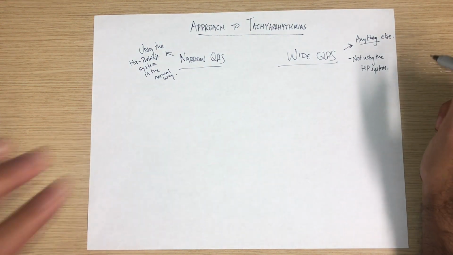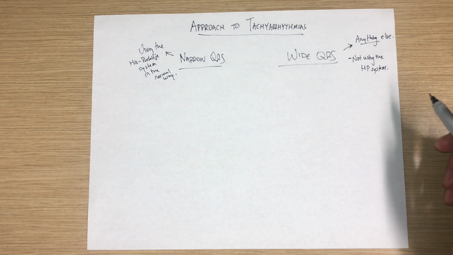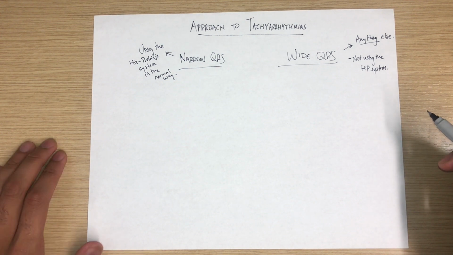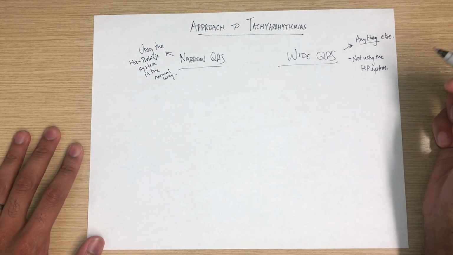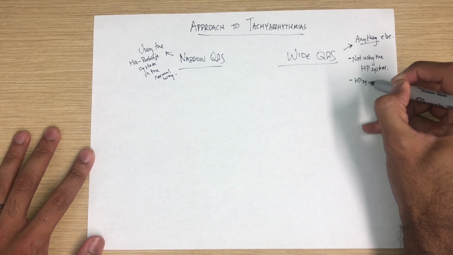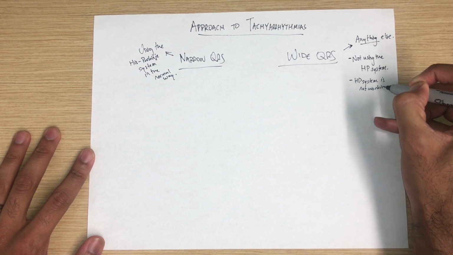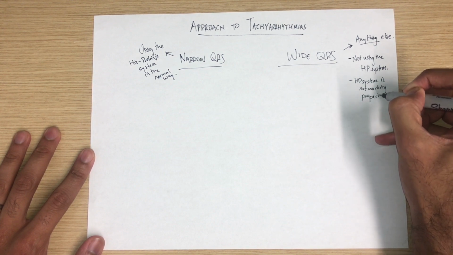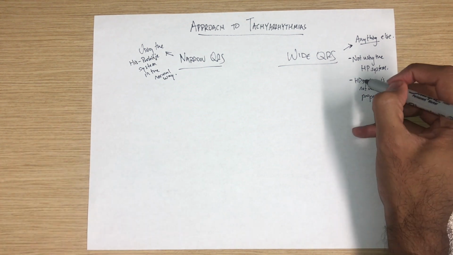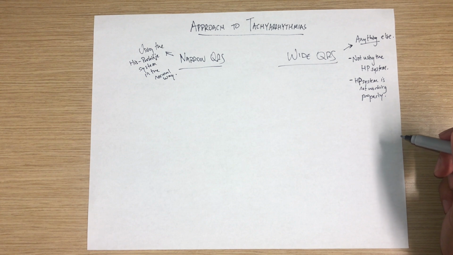So ventricular tachycardia is an example of that, where the arrhythmia originates in the ventricle, so you're just not using the His-Purkinje system. Another way to have a wide QRS is if the His-Purkinje system itself is not working properly, meaning you're still using the His-Purkinje system, but there's a bundle branch block or some other sort of conduction delay that prevents the His-Purkinje system from conducting quickly and normally.